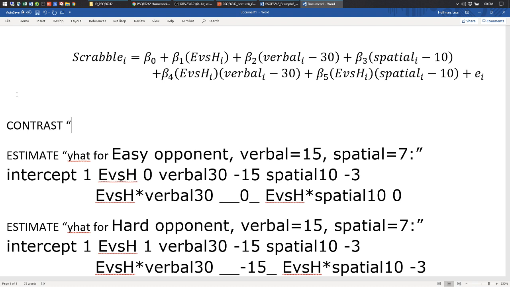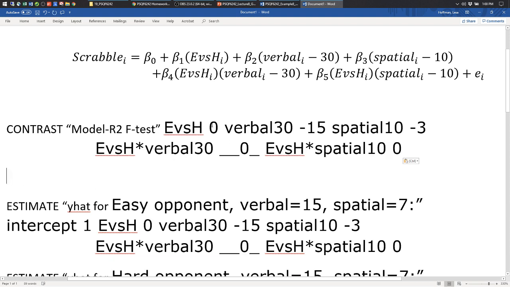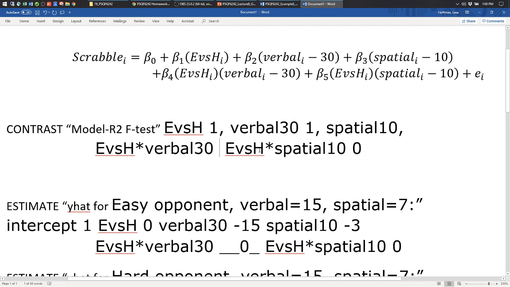If I did contrast model R-square F-test, it would be all of the terms with just ones. And each term would be separated with a comma to denote the degrees of freedom in the numerator, meaning the number of slopes being tested simultaneously. If you forget your commas, it ain't gonna work. So the interaction terms are also included.